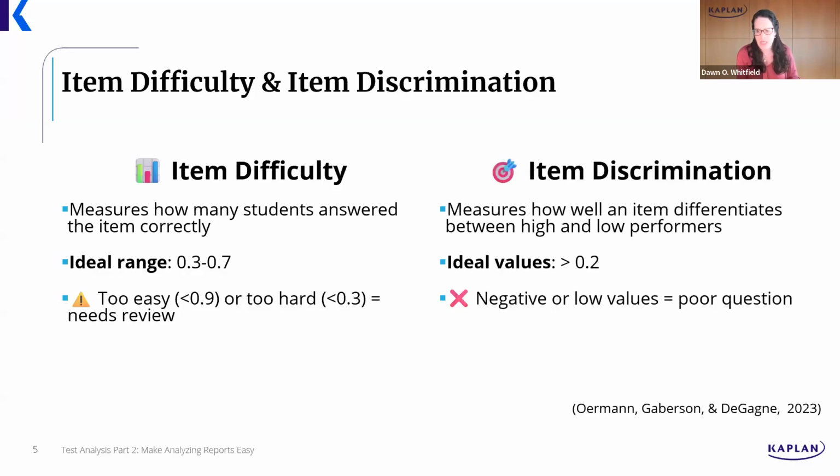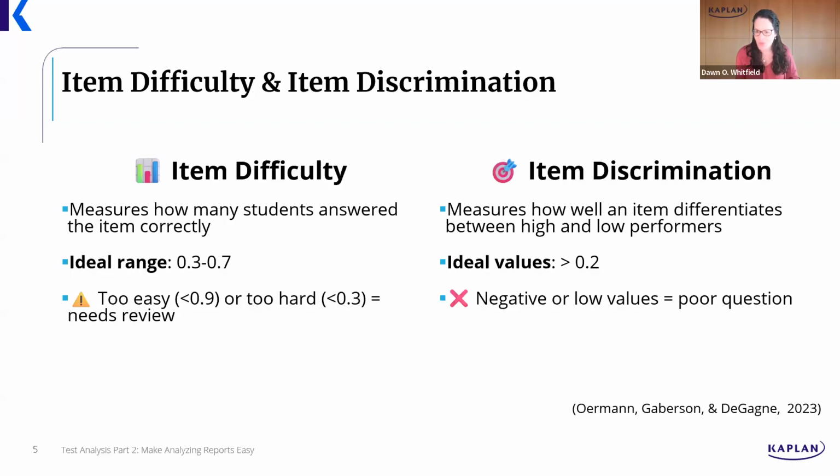Item discrimination tells us whether a question differentiates between strong and weak students. Ideally, high-performing students should get the item right more than low-performing students. A discrimination index above 0.2 is acceptable. The higher, the better.